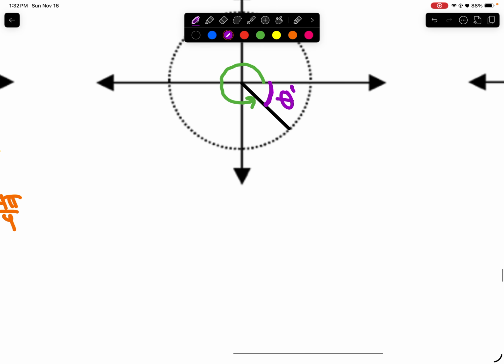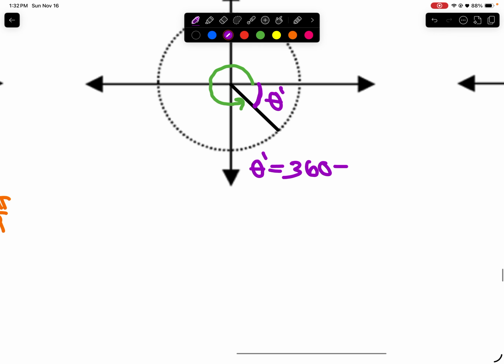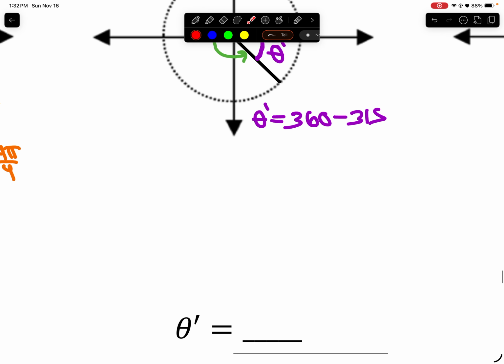So to find the reference angle, your theta prime, because I'm in quadrant 4, I'm going to do 360 degrees minus 315. So another way you could ask yourself this question is, how many more degrees should I add to 315 to get to a full rotation of 360? So in this case, when you subtract, you're going to get 45 degrees.